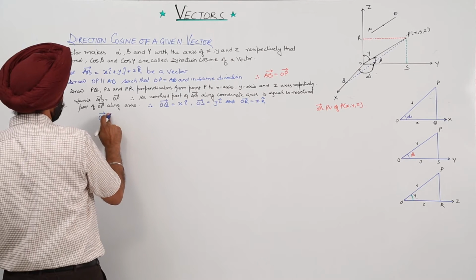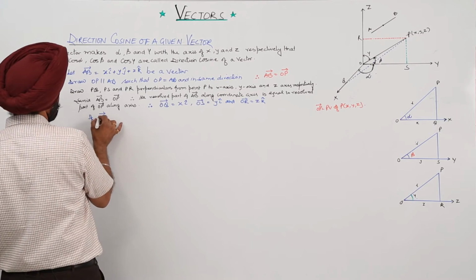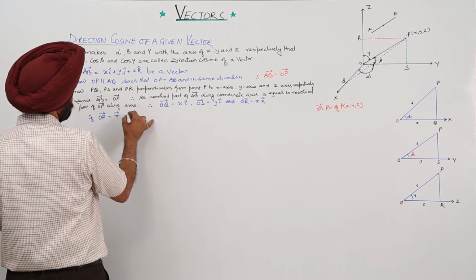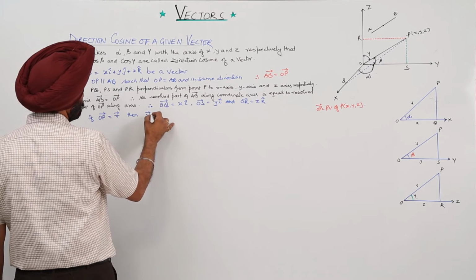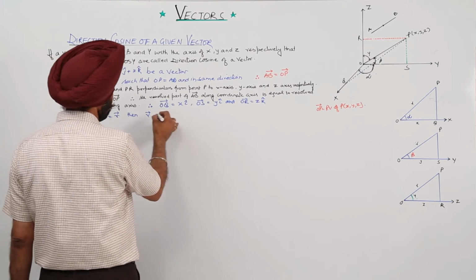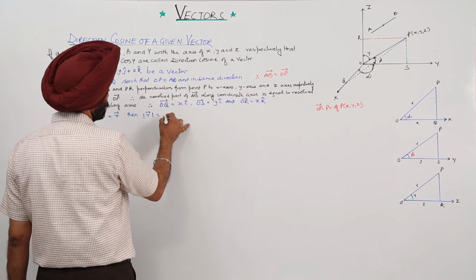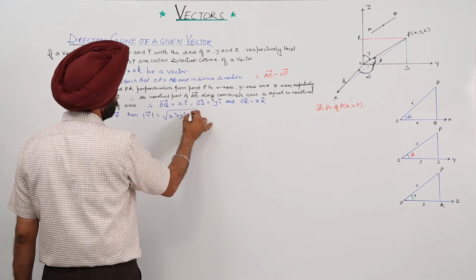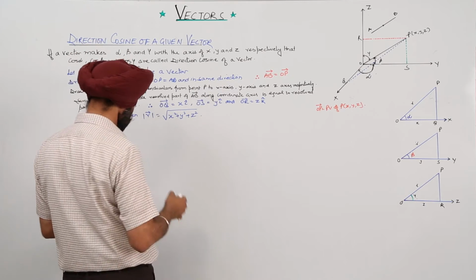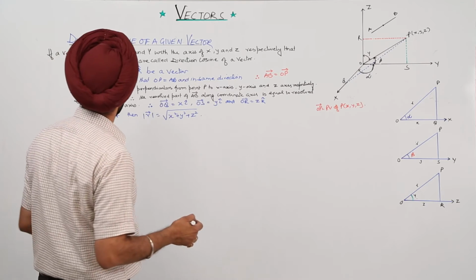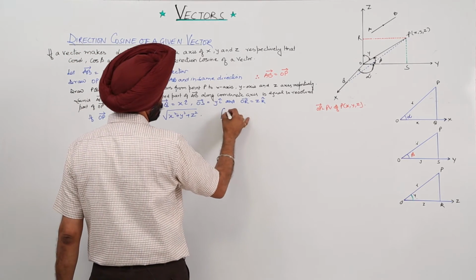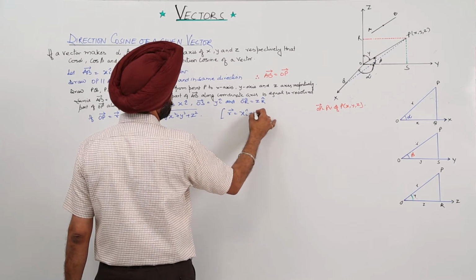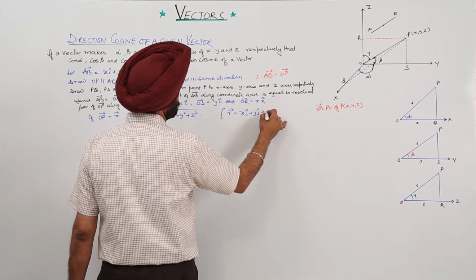Vector OP, if vector OP is equal to vector R, then length of vector R is equal to square root of x square plus y square plus z square, and vector R is x i cap plus y j cap plus z k cap.